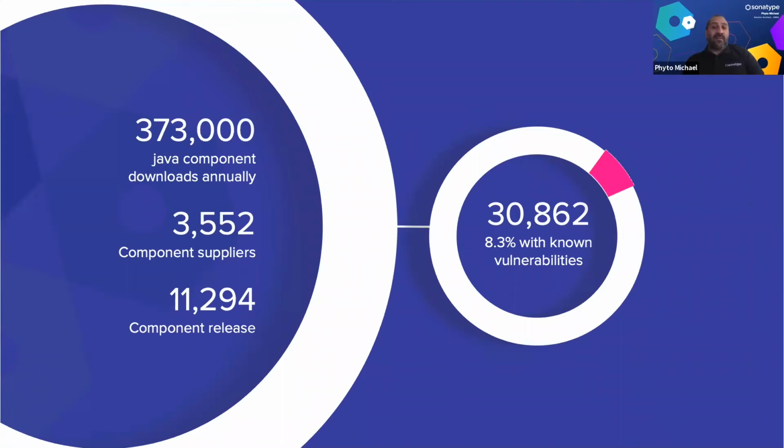That's over 3,500 different suppliers. And through those components, there's over 30,000 known vulnerabilities. Doesn't mean you're using one of the vulnerable ones, but you need to understand what you're using and which ones of the ones you're using are vulnerable. That way you can get a good understanding and a good management of those components.